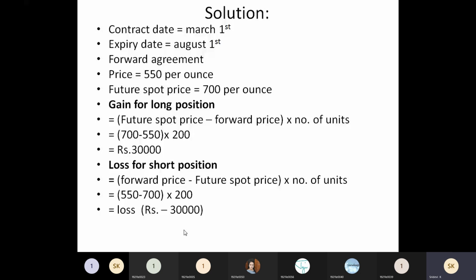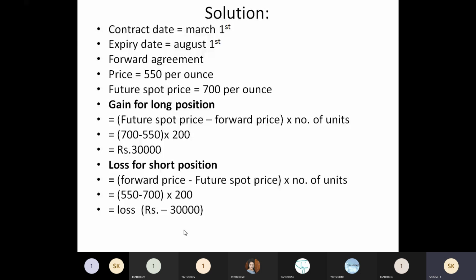That gives the same value, 30,000, but it is minus 30,000. So what the buyer gains, the seller loses, the same amount. That is what happens in the derivatives market: if one person gains, the other person is automatically in loss.